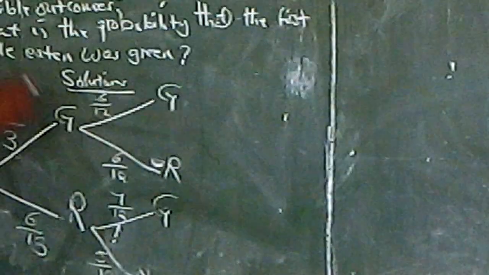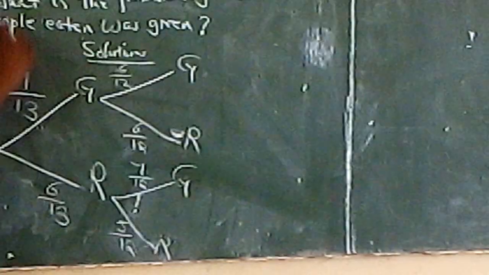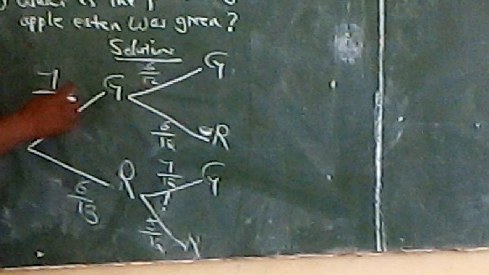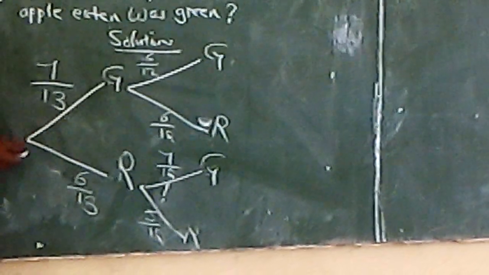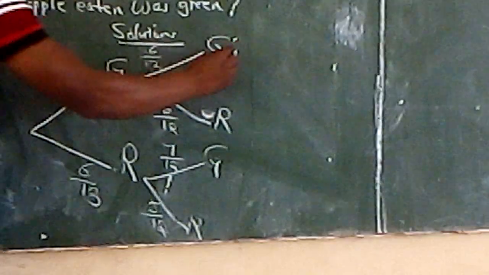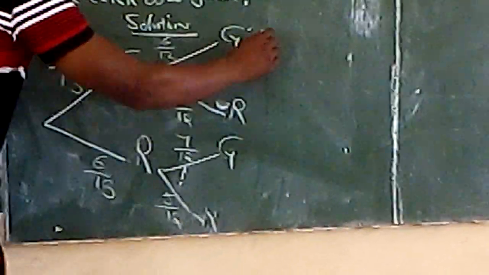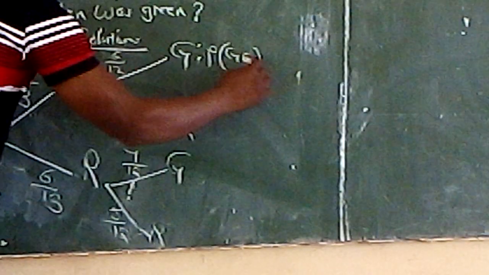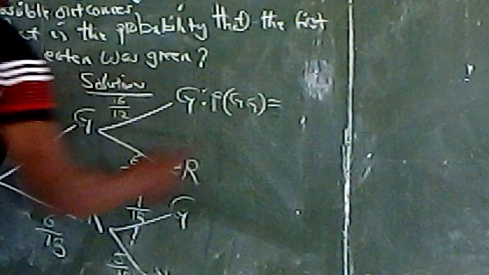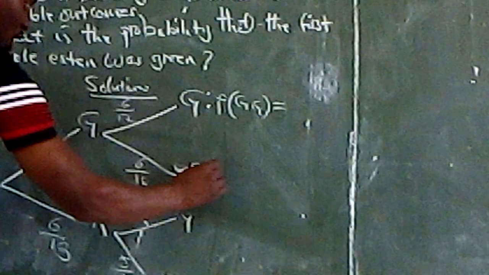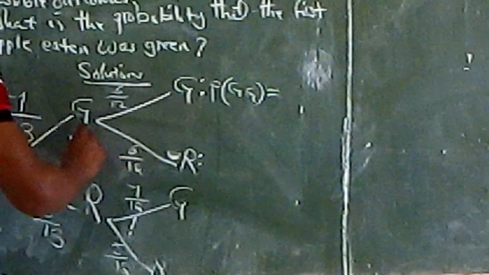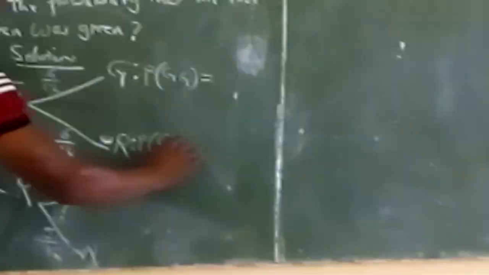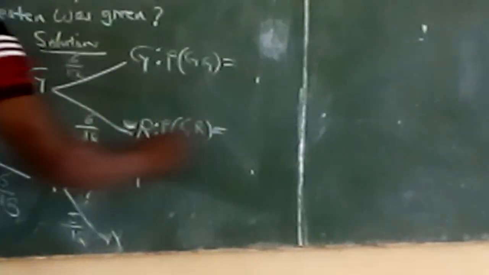Now, let's try to illustrate. Let's try to put in all the possible outcomes. Let's see how we do that. So, for example, the first branch here, we'll say GG, the probability of GG. And the second possible outcome, the probability of G, R. This is what you do always.